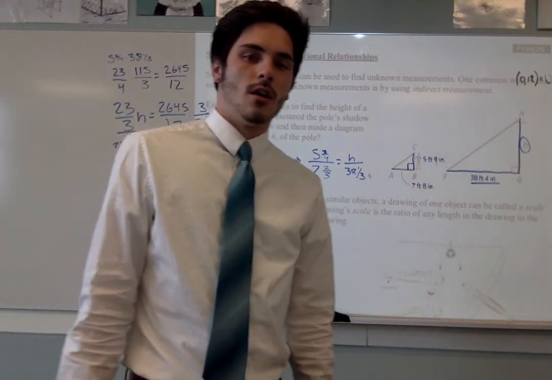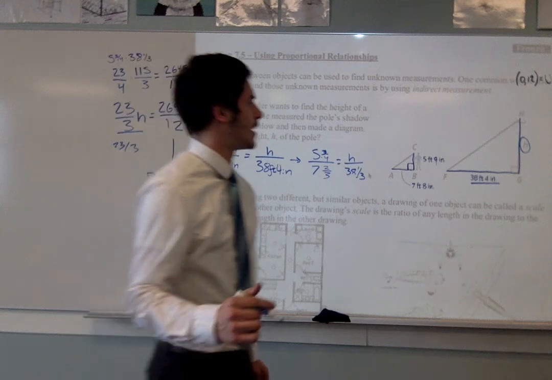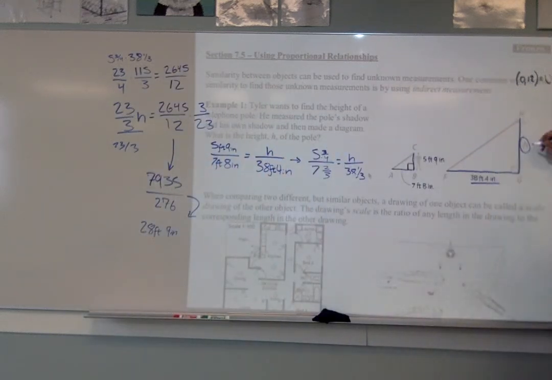So, now that we've simplified it down to 28 feet 9 inches, let's think about it in the context of this problem. So we'll say that h equals 28 feet 9 inches.